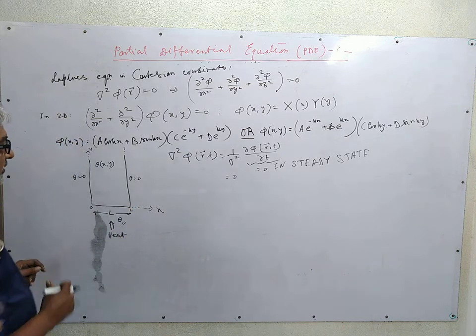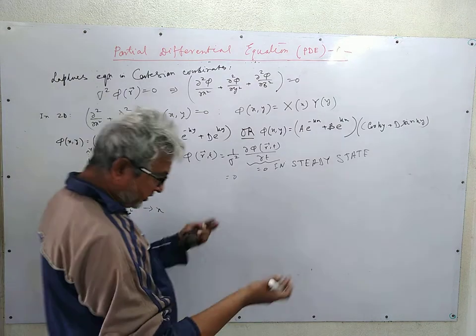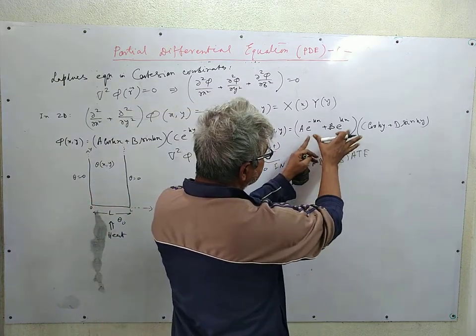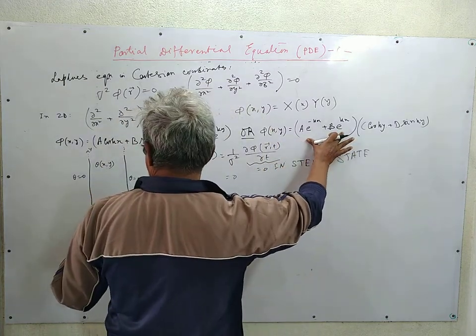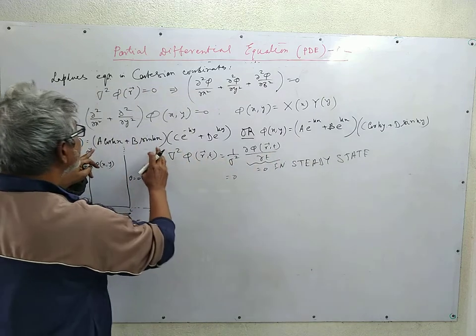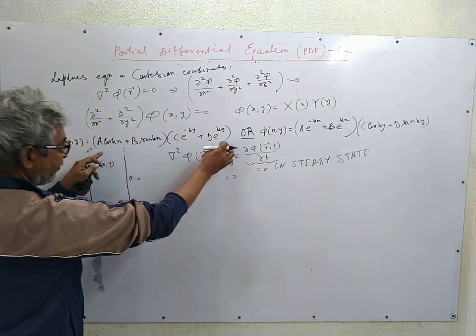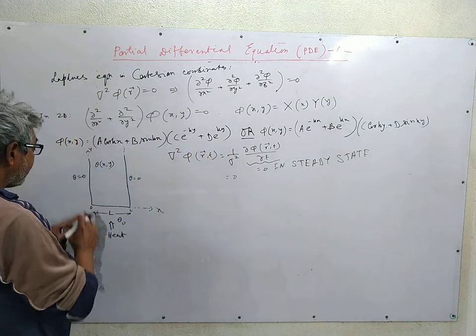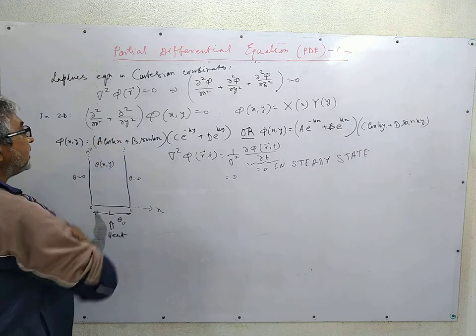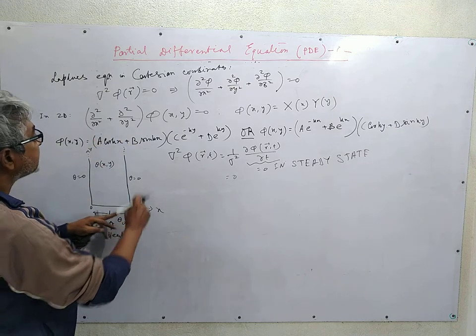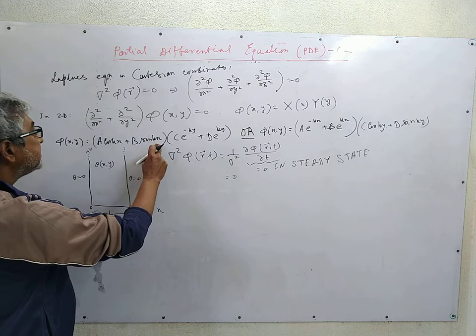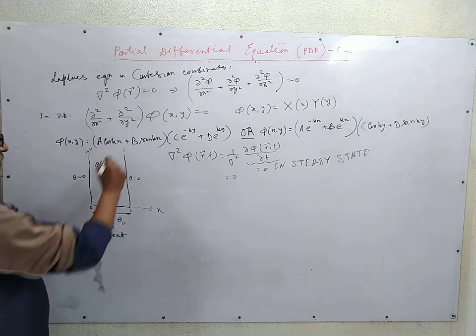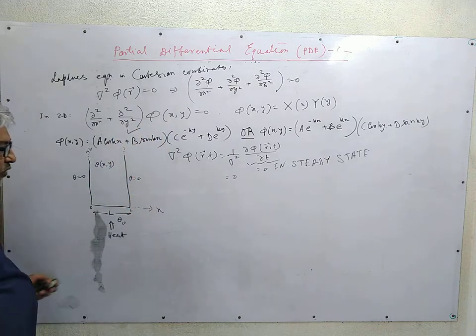So if we choose the solution in this form, this condition cannot be satisfied. But if we choose the solution in the first alternative, then the first condition gives a equal to 0 and the second condition gives KL equal to n pi. So we opt for the solution in this form.